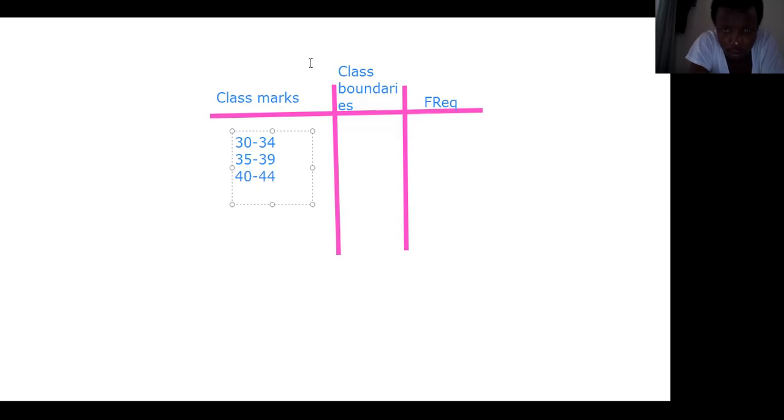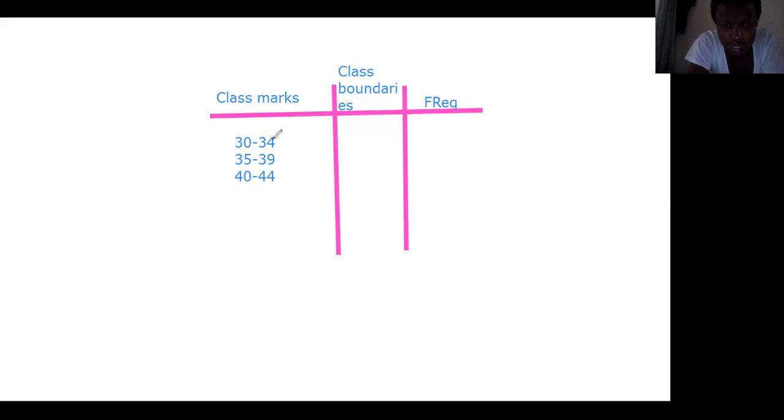So if you are to find the class boundaries here, just as I said, you always find this is the lower class boundary and this one is the upper class boundary. But if you are using the class intervals, this one is the upper class limit and this one is the lower class limit. But using the boundaries, here becomes the lower class boundary and here becomes the upper class boundary.